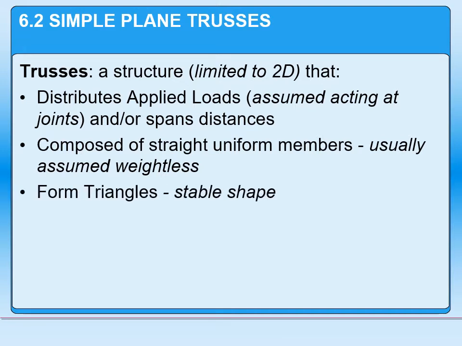They're almost entirely made up of triangles, and the reason for this is that triangles are a stable shape. There's no mode of failure that does not involve either the individual members failing in either tension or compression, or the joint failing. There's no way that a triangle can collapse.